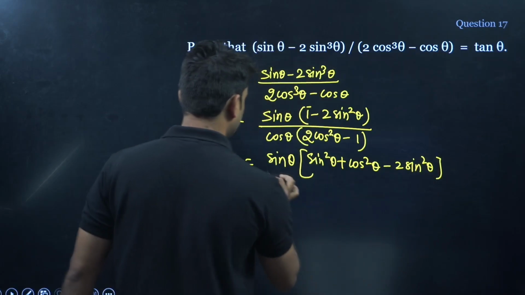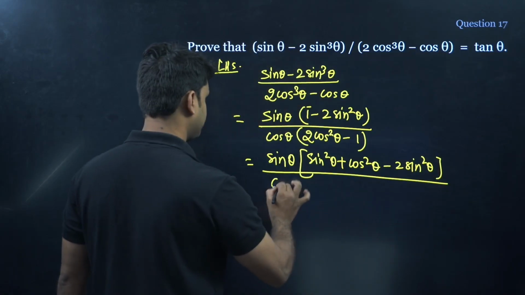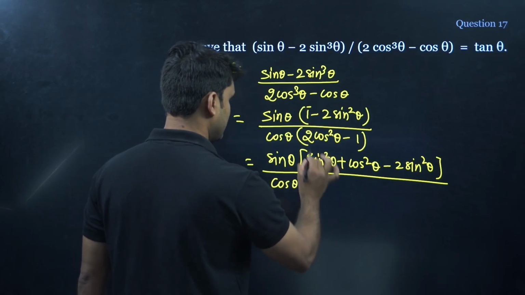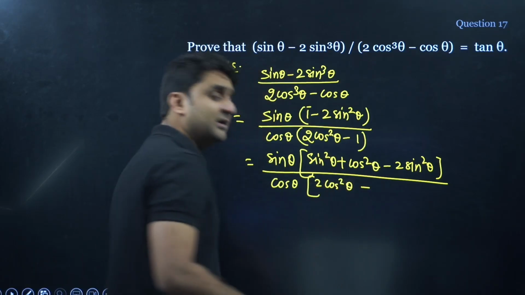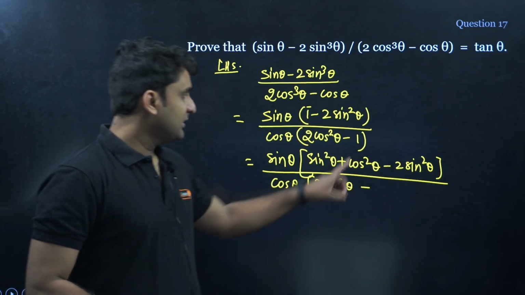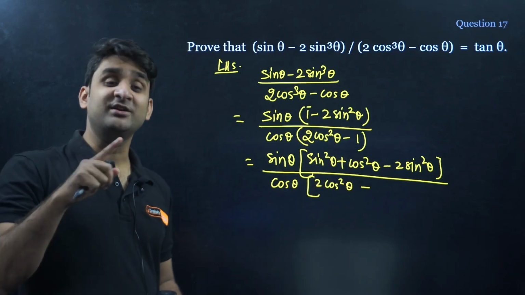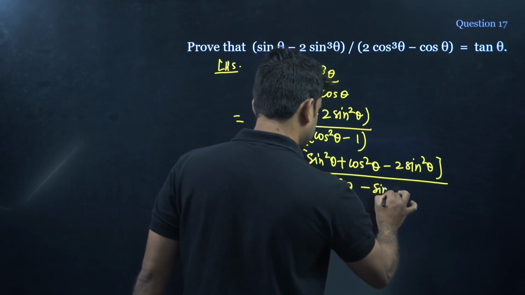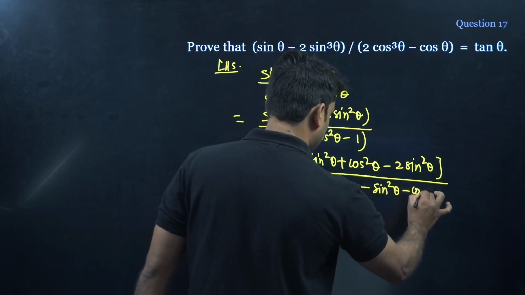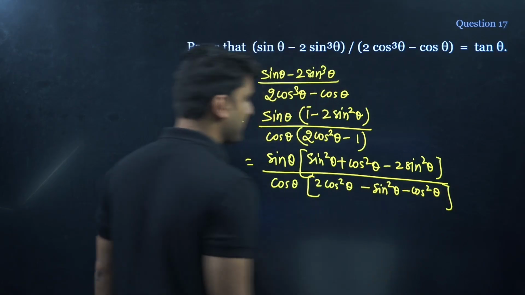Same in the denominator, this is 2 cos square theta. Now the minus 1 can be replaced by sin square theta plus cos square theta, but the negative sign is there, so sin will go in negative and cos will also go in negative.